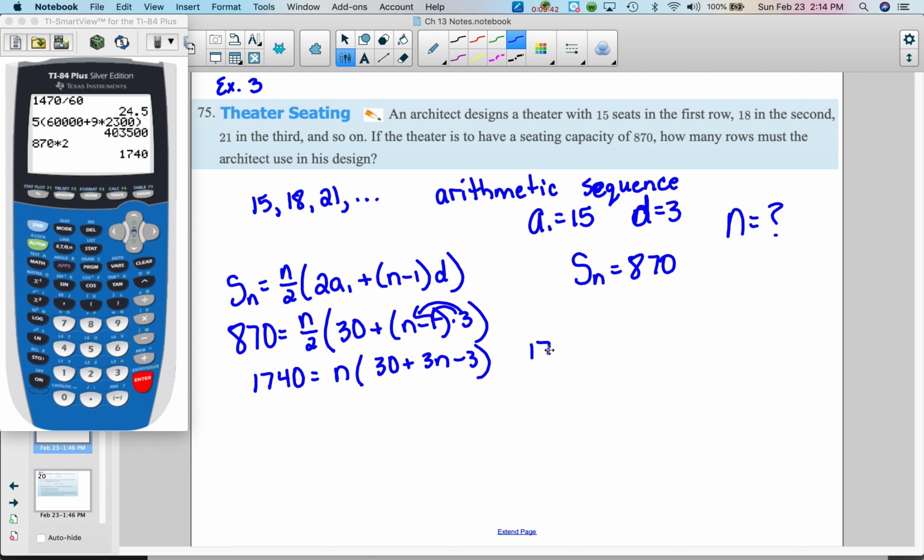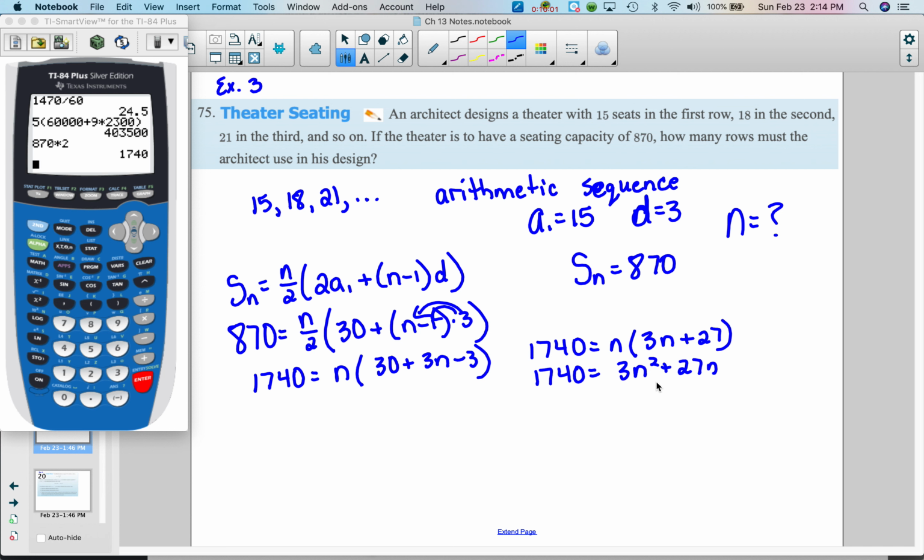So then that means I have 1740 equals n times 3n plus 27. So 1740 equals 3n squared plus 27n.